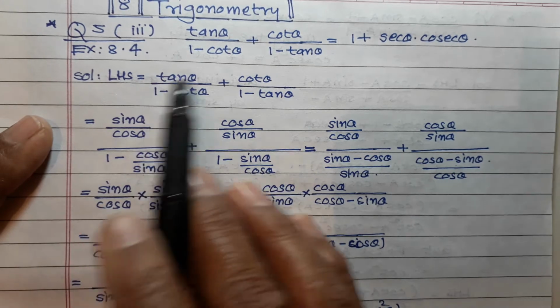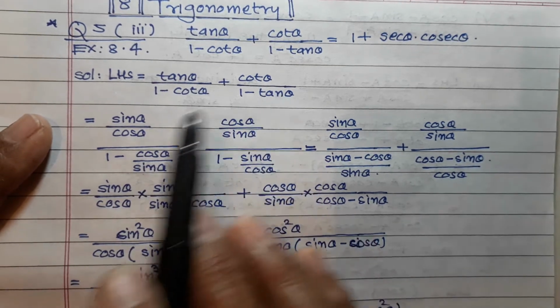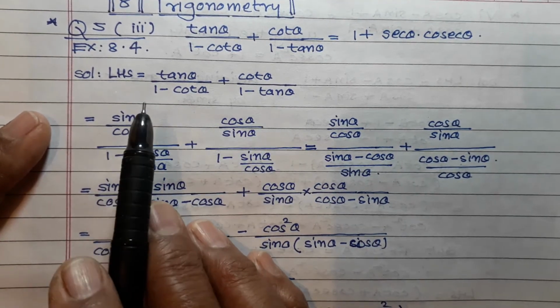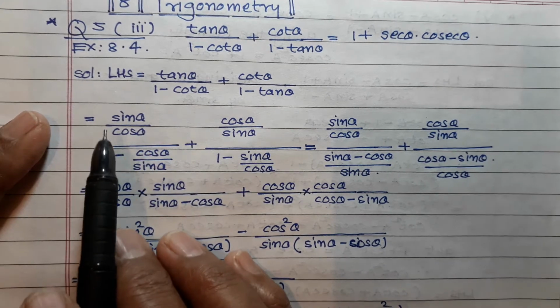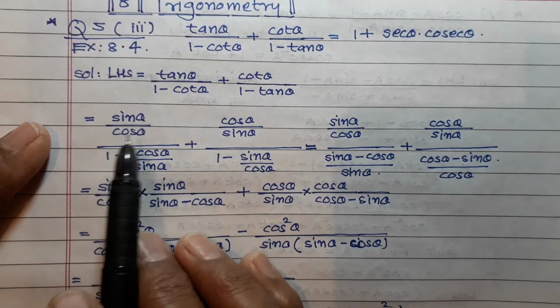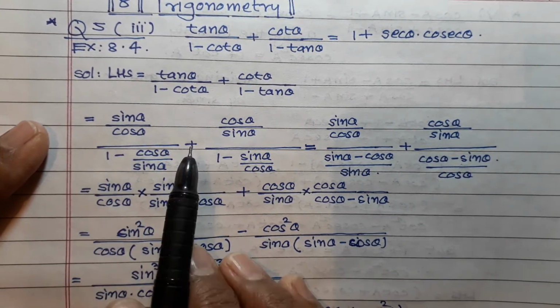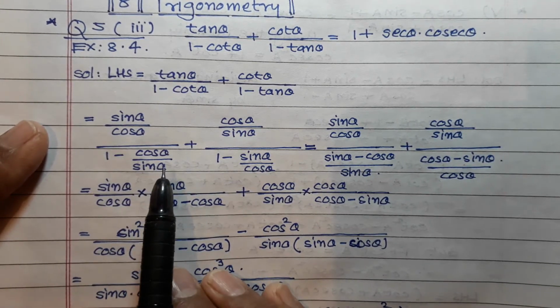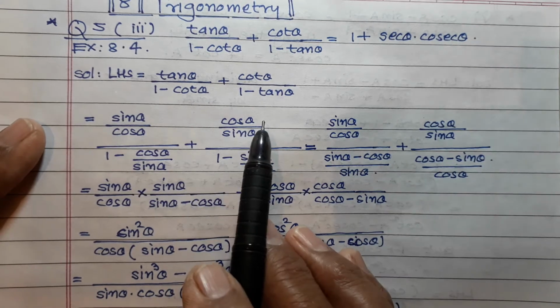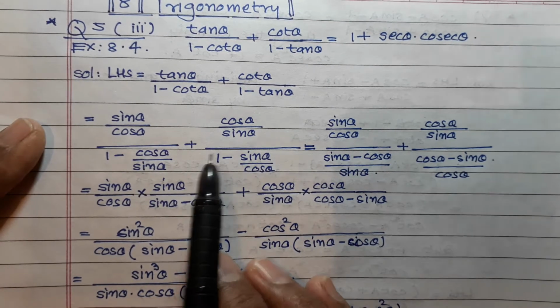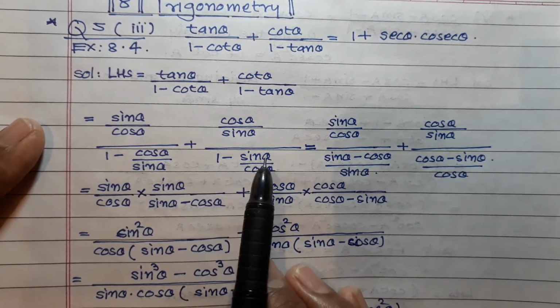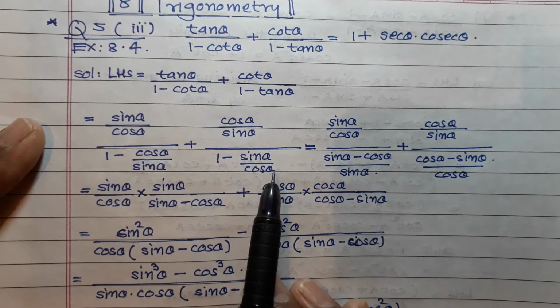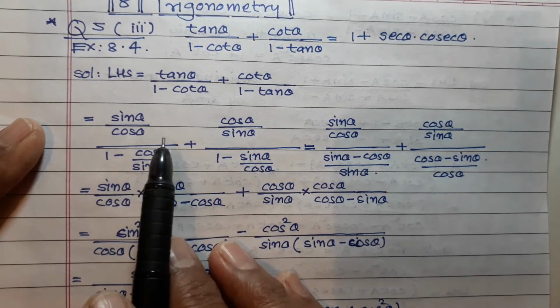So convert this into basic ratios, that is sine and cos. So is equal to sine theta upon cos theta upon 1 minus cos theta upon sine theta plus cos theta upon sine theta upon 1 minus sine theta upon cos theta. So this example is important.